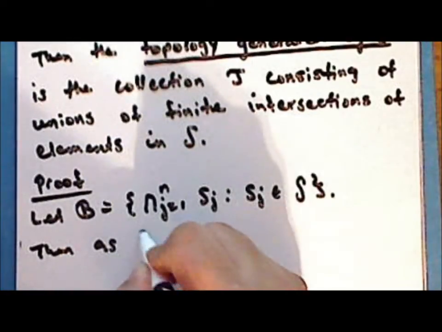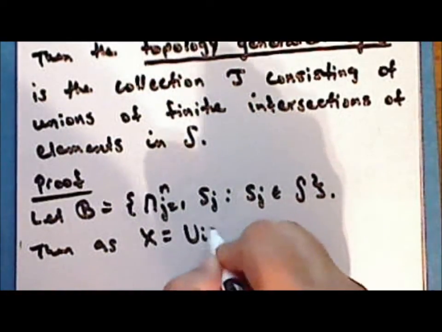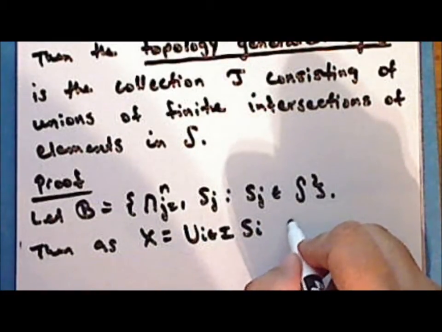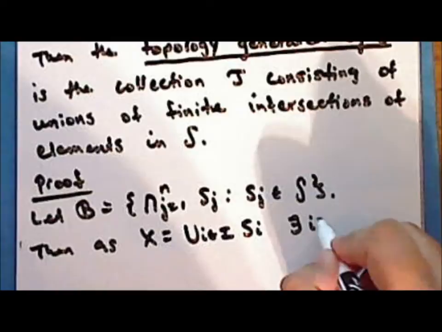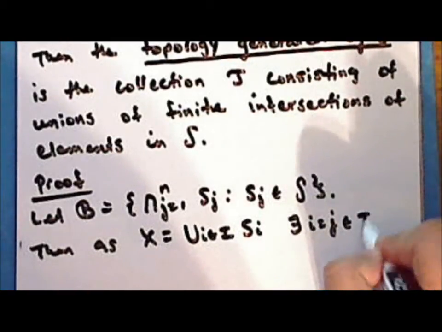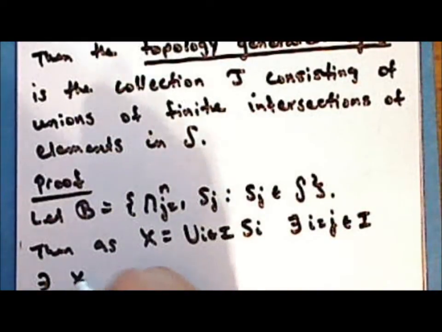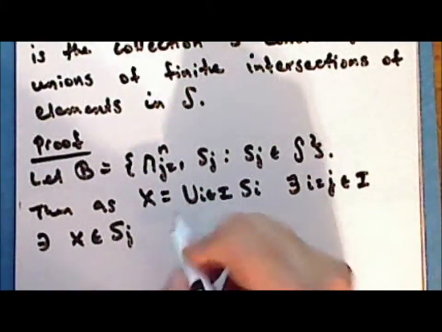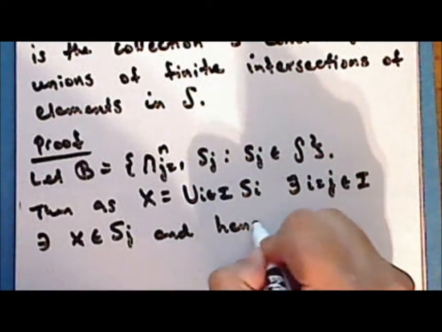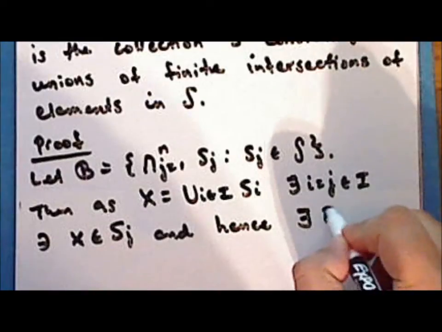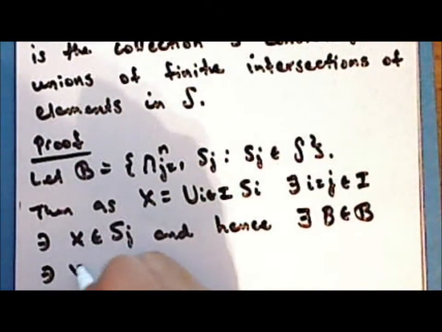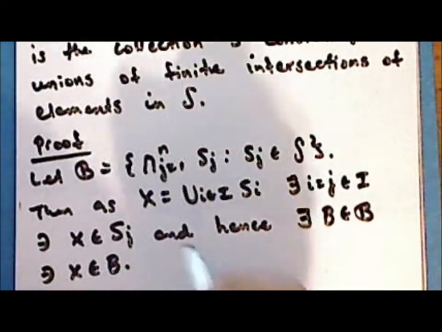Then, as the entire set is the union of those elements, there exists at least one index I such that a given point x is in this element, and hence there exists at least one element in the collection script B such that the same point is in this element.